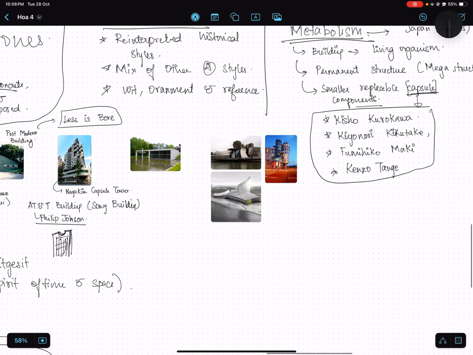Then comes our contemporary architecture style. Now this is no particular style. Like if you see international style, it had modernism alone, but contemporary architectural style was not that.